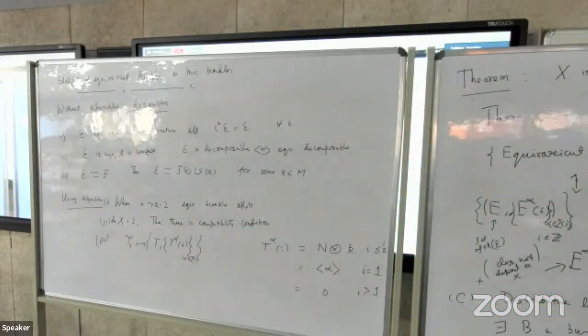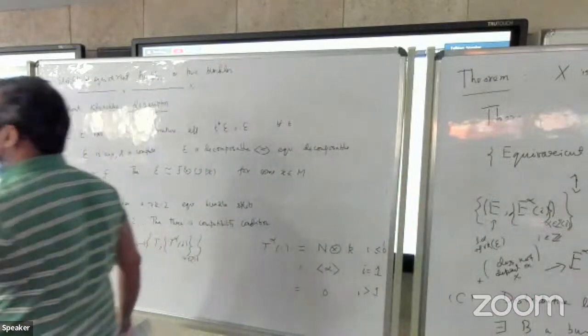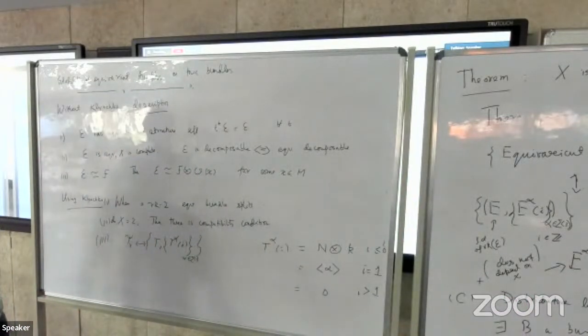And if you know the Klyachko filtration for a vector bundle, you can know its dual, wedge product, direct sum. Direct sum is just the direct sum of vector spaces and the direct sum of the filtrations.